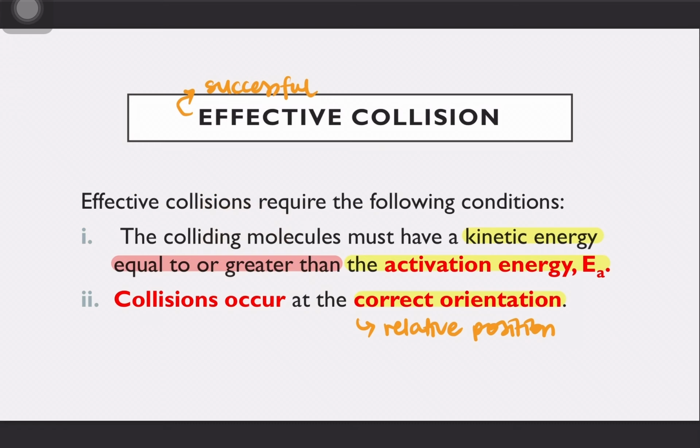That is the minimum energy required in order to have an effective collision. Another thing is that your collisions occur at the correct orientation. What does it mean by correct orientation? Correct orientation means the right position. There must be a certain position, so you will get an effective collision. So you must have these two to get your effective collision.